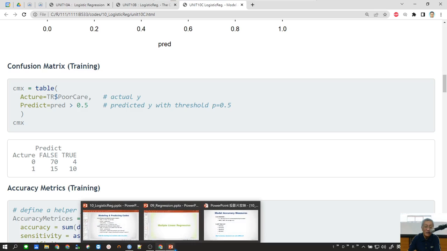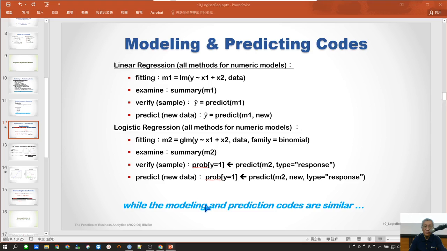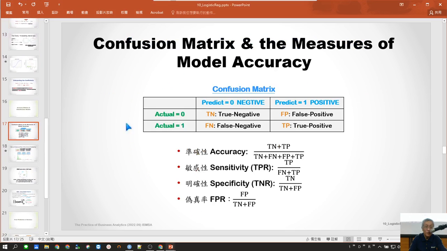For now, we need to introduce a way to measure the accuracy, which is the confusion matrix. Let's take the training data as an example.